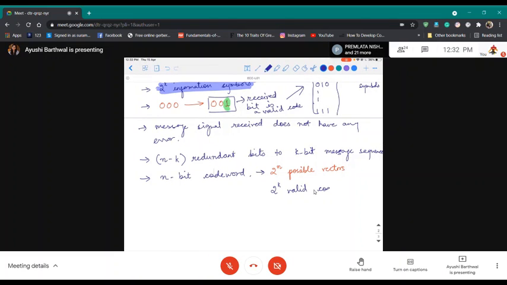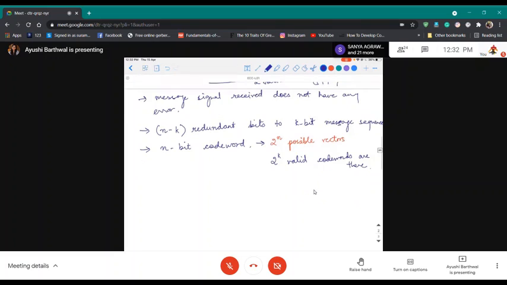valid code words are there. So therefore, if we receive any other code vector which is lying in these error patterns, how many error patterns will there be? There will be a total of 2 raised to the power n minus 2 raised to the power k error patterns.